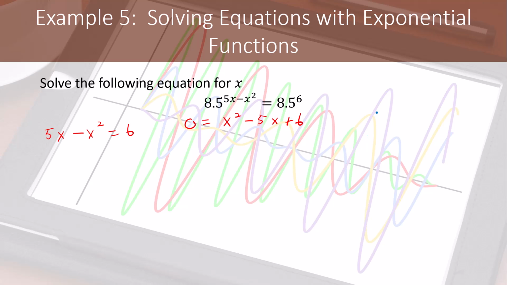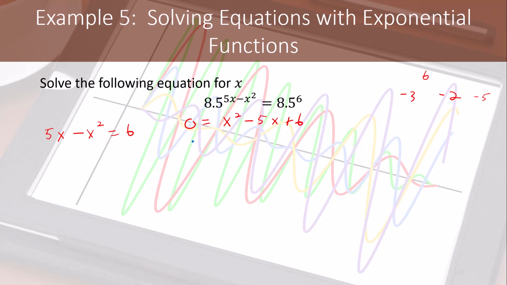Now, if you remember from 114 or previous classes, the way that we solve this is by finding factors of 6 that sum to negative 5. I think we can find an obvious one, and that would be negative 3 and negative 2. Negative 3 times negative 2 is 6. Negative 3 minus 2 is negative 5.